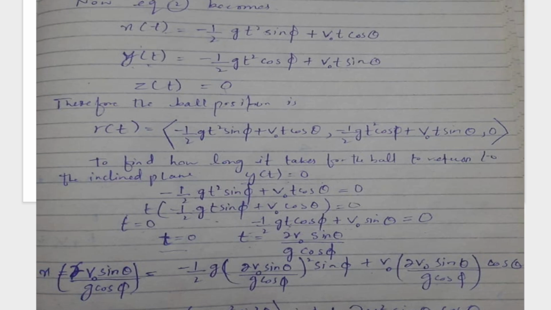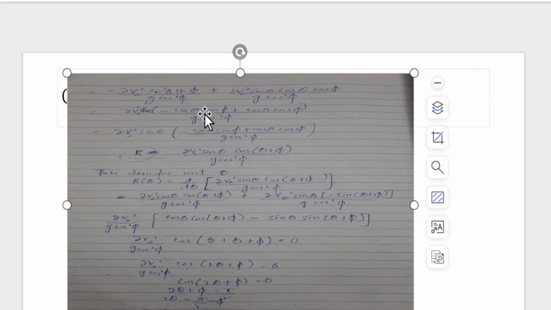After putting it in the equation, arrange it.